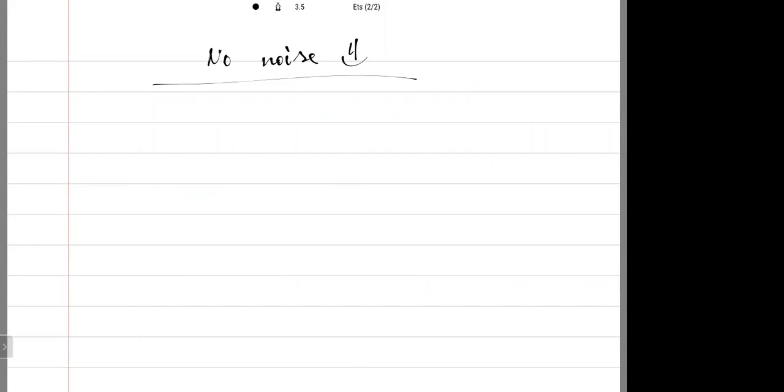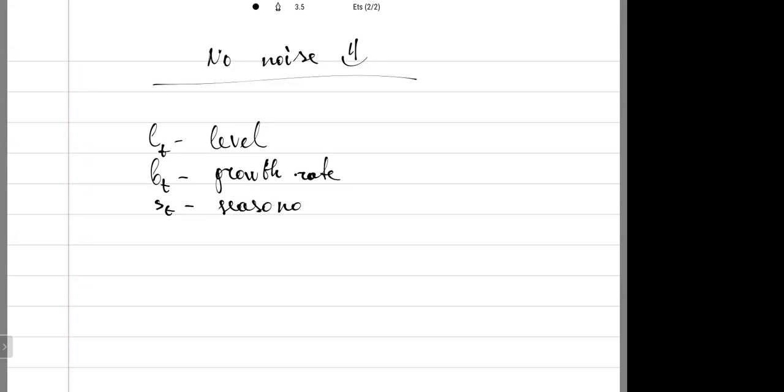A very simple model says that L will stand for level, B_t will be the growth rate, and S_t will be the seasonal component.